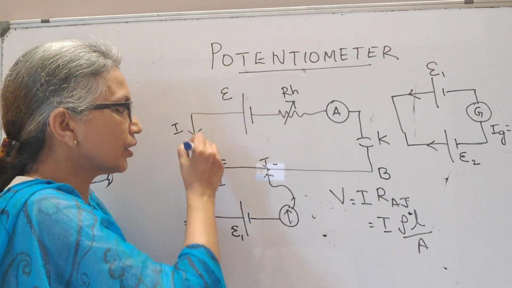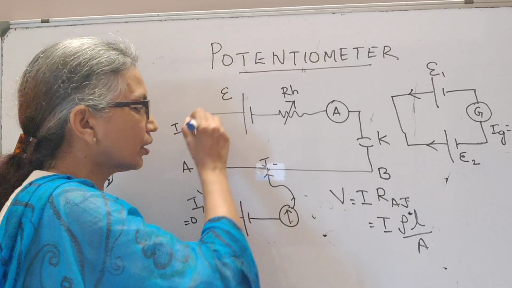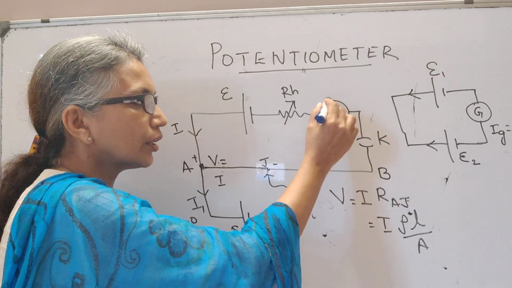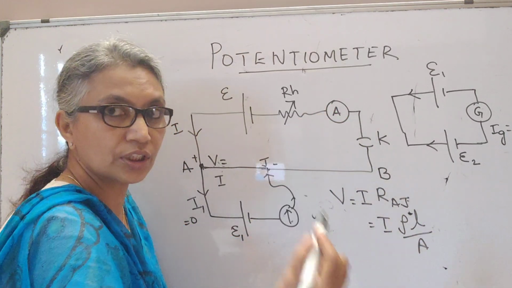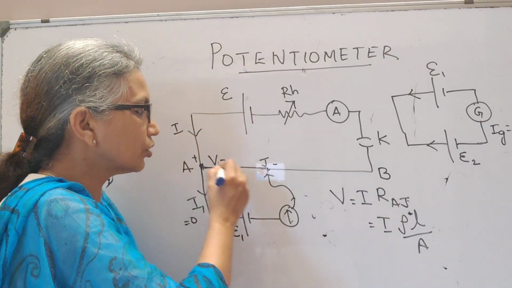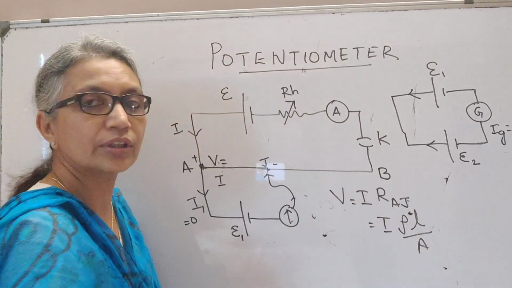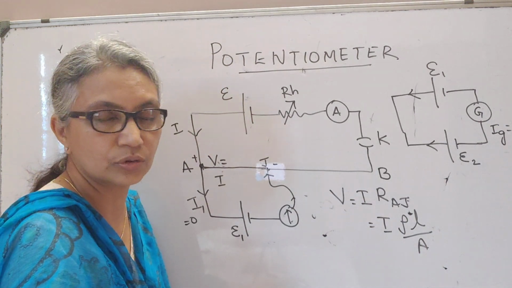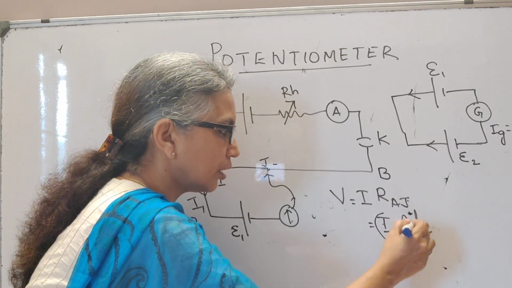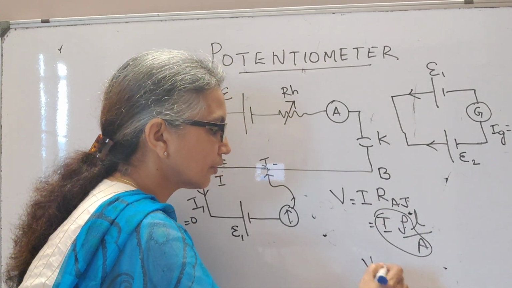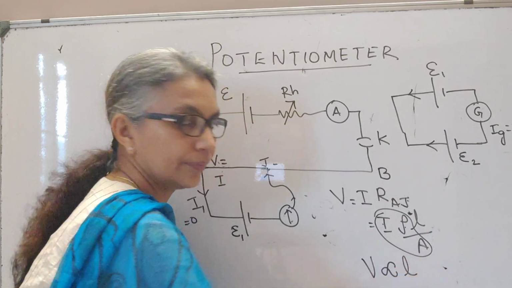Now this driver cell sends constant current I through the wire. You can keep checking that using the ammeter. If the ammeter keeps showing a constant value, you are ensuring that the driver cell sends constant current through the wire, which means I, rho and A, these three being constant, you may write V proportional to L.